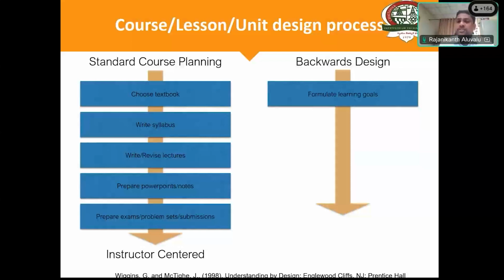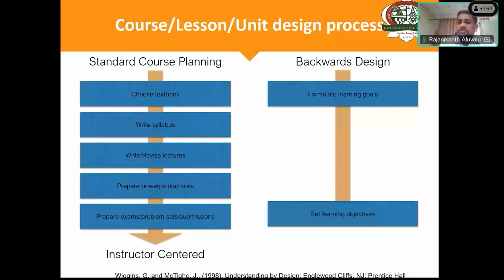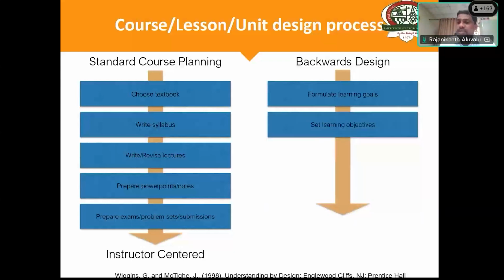I will also discuss the difference between a goal, objective, and outcome. First, why do we want to offer some content? So formulate the learning goals, the outcomes come first. After that, as I said, objectives: goals, objectives, and outcomes. So set the learning objectives.